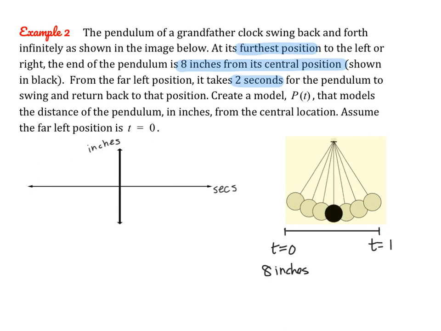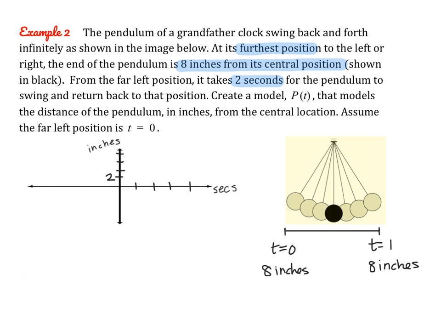And if you think of this, well, at 1 second, it is also 8 inches away from the center, because from its furthest position, either to the left or right, it's 8 inches. So just using this, let's see if we can mark this on our graph. So here is 1, so I'll mark a couple seconds here. And for the inches, I'll count by 2s.